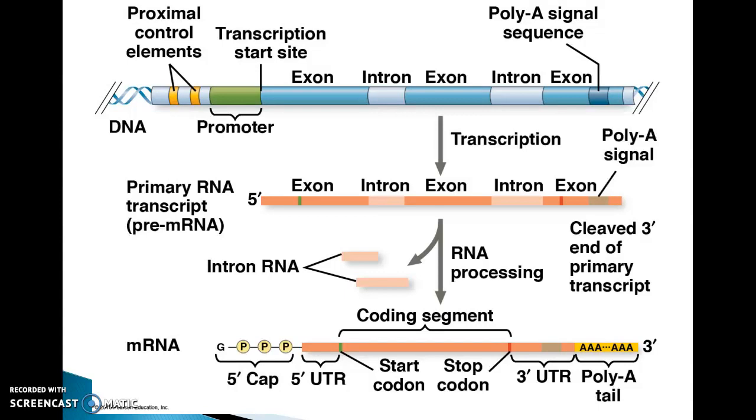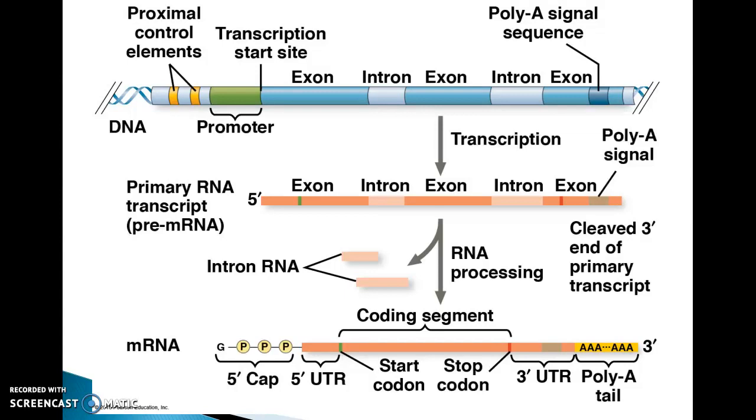pre-mRNA to be specific, which we see in the middle line in a pinkish salmon color. So this is the rough draft version of RNA. Please remember that introns get spliced out and removed, and they stay in the nucleus and get degraded and reused or recycled, but they do not leave the nucleus.